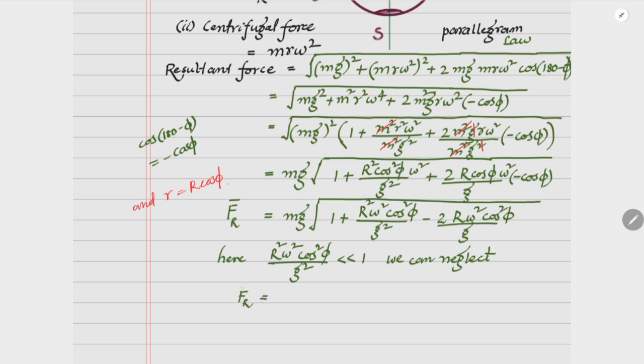Now F equals mg under root, 1 minus 2r omega square cos square phi by g.